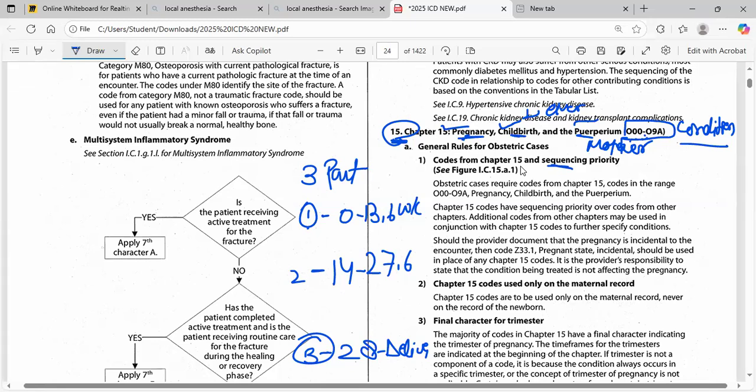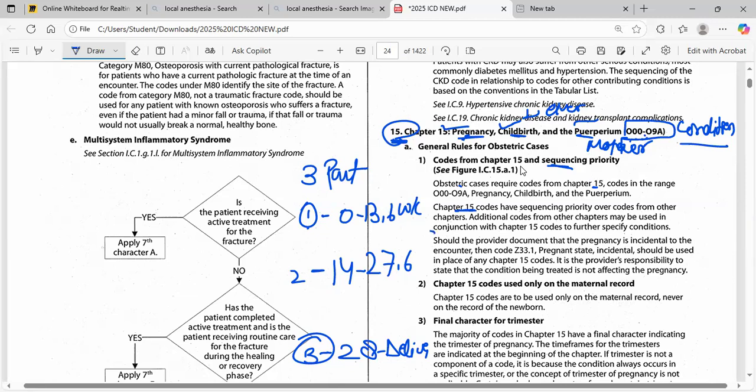So whenever you use a code from chapter 15, any obstetric case, you have to keep the chapter 15 code in the primary position followed by the other chapter codes. So your chapter 15 code should be your primary diagnosis, and the other chapter code will be your secondary diagnosis.